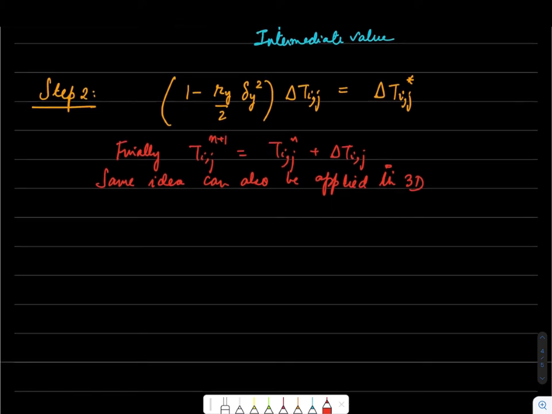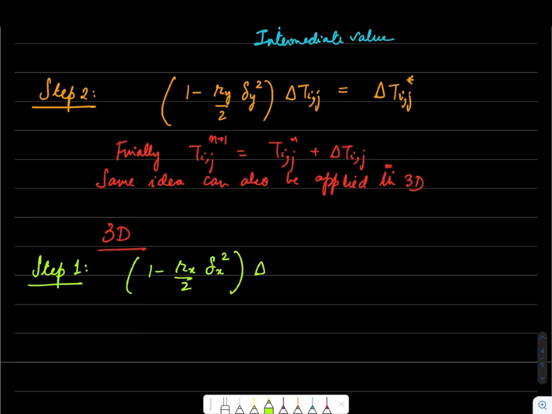So in 3D we'll have step 1 being 1 minus Rx by 2 del x square delta Tijk star to be Rx delta x square plus Ry delta y square plus Rz delta z square Tij at n, and I should also put a third index k.